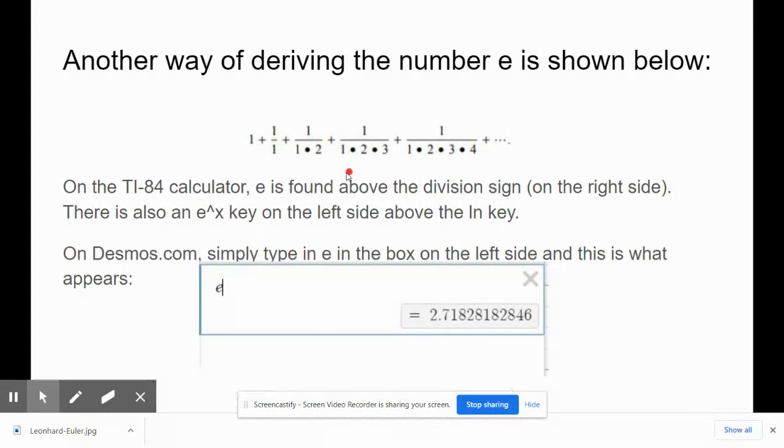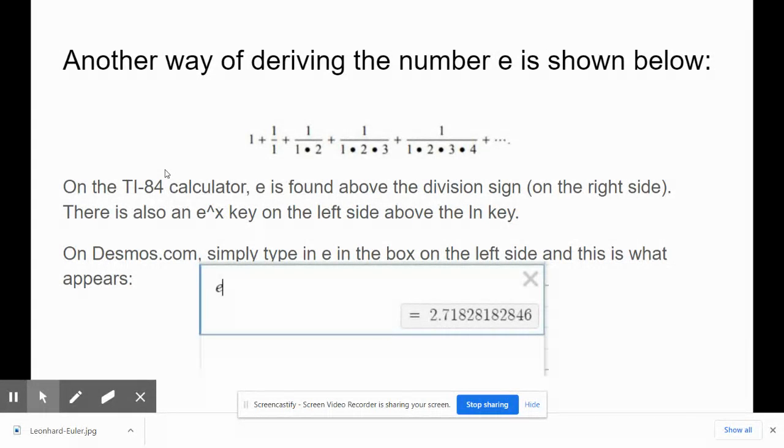Now what you want to do is locate where the number e is found on your calculator. On the TI-84 calculator, if you look right above the division sign, you're going to see it on the right-hand side. It is in blue on my calculator. It could be in a different color on yours.